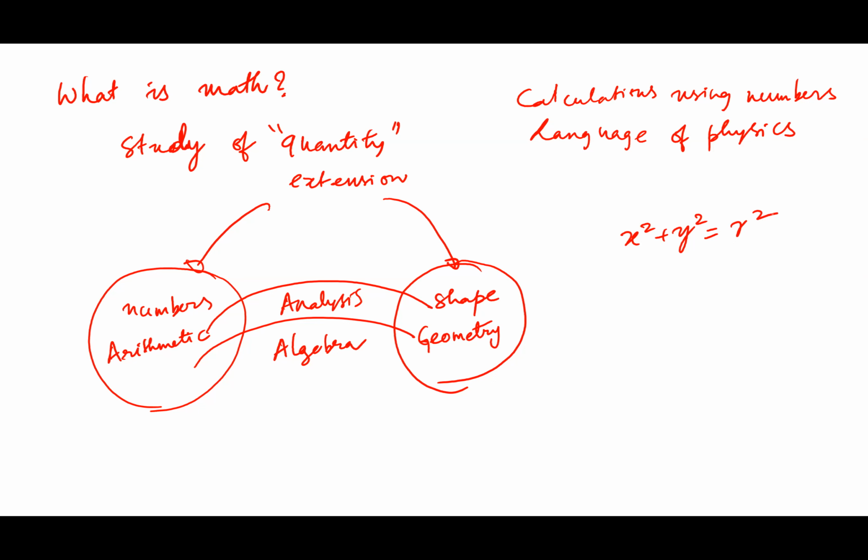There is no number in it, only symbols. No shape in it, only symbols. That's the beauty of modern math, right? So that comes from the study of quantity. The modern part is the connection, the bridge. That is, we make use of symbols and we come up with rules to manipulate these symbols, right?